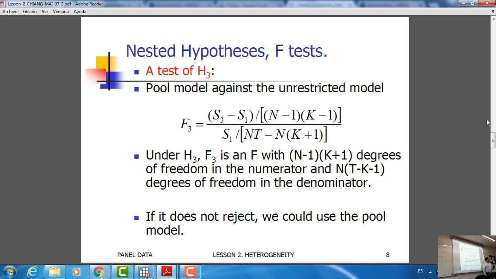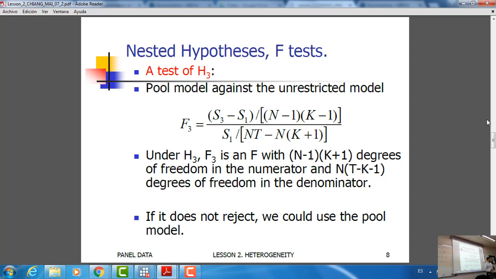These are the number of degrees of freedom. Degrees of freedom of what? Of the unrestricted model. You may know or not, but it is always the same. Whether you recognize it or not, that's a different story. But this is the number of degrees of freedom of the unrestricted model.